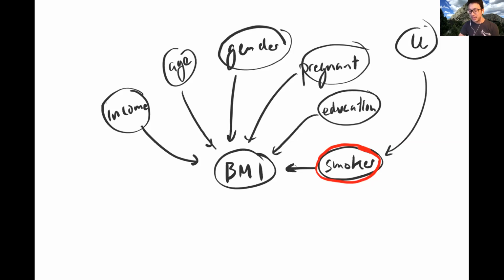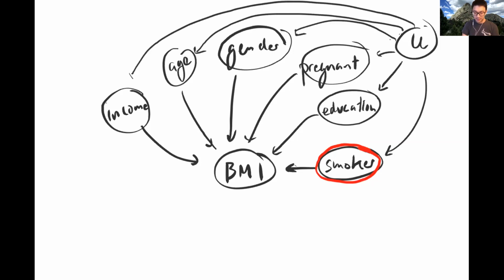And so smoking may very likely be related in some way to your education level, probably whether or not you're pregnant, gender, age, and also income. So you've got a really terrible causal diagram here in which your smoking is related to all of these things.